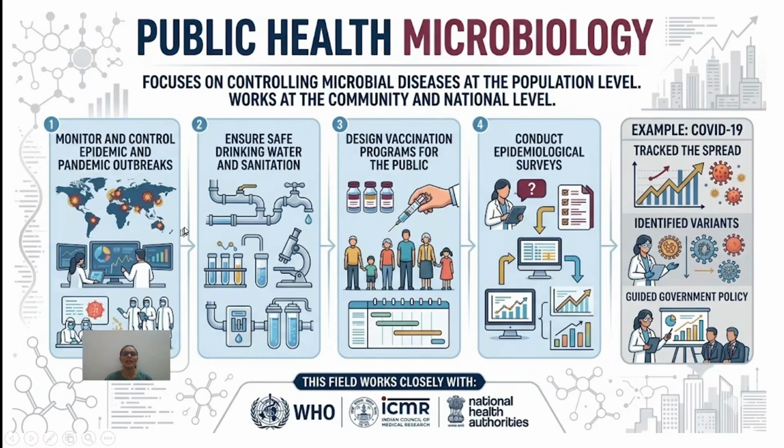So this is public health microbiology. It is totally focused on controlling microbial disease at the population level, and it works at community and national levels. In this area, they monitor and control epidemic and pandemic outbreaks, ensure whether public drinking water is safe, maintain sanitation, design vaccination programs for the public, and conduct epidemiological surveys.